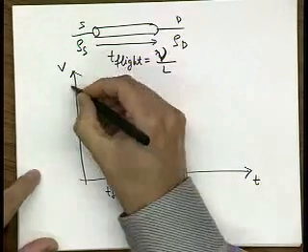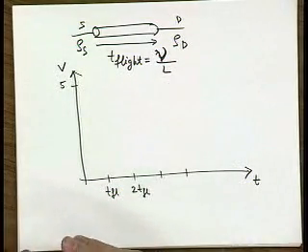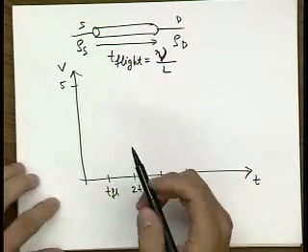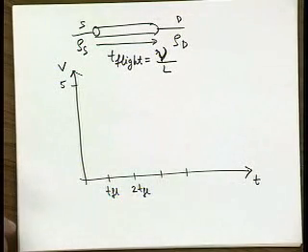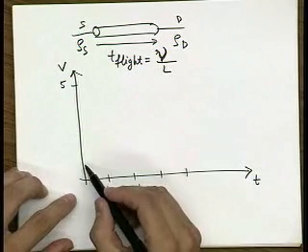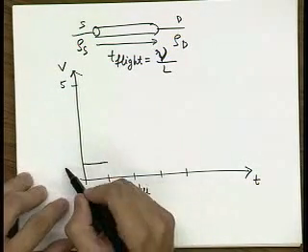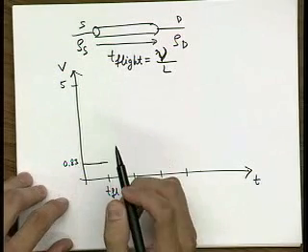If you assume that this is a 5-volt signal, then we have the following scenario. We basically have the first voltage step at the input, and this step resulted in 0.83 volts over here.